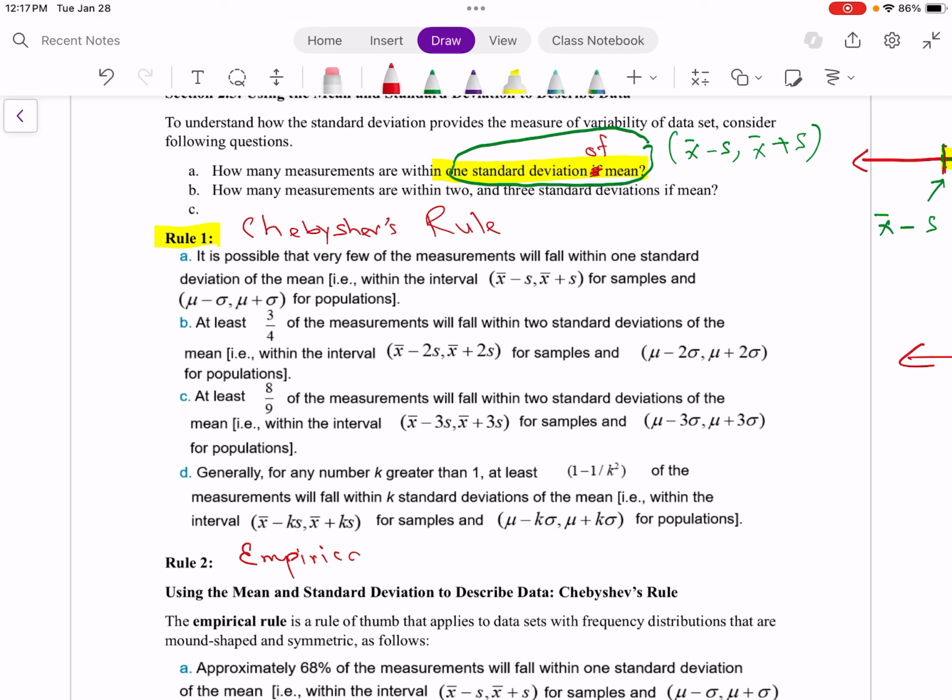These are the 2 rules that we will use to describe our data set: Chebyshev's rule and the empirical rule.